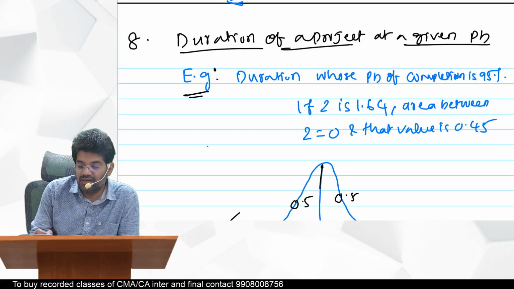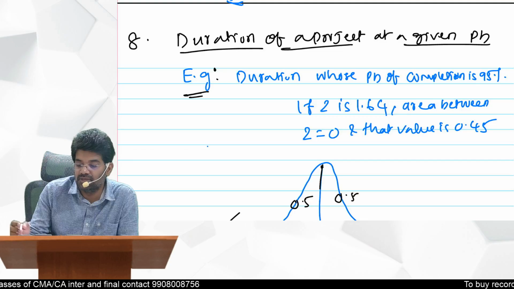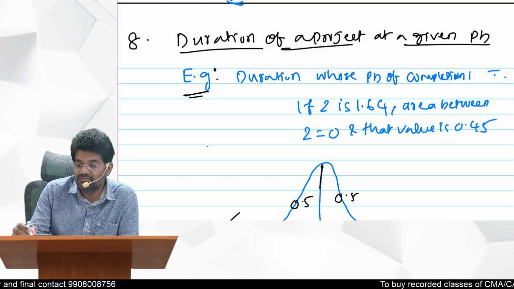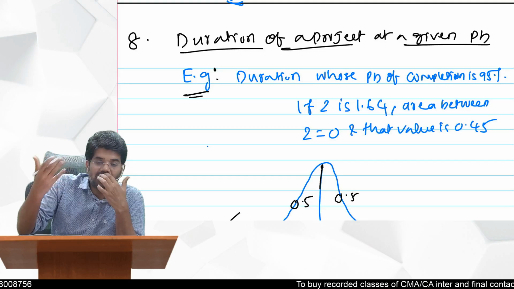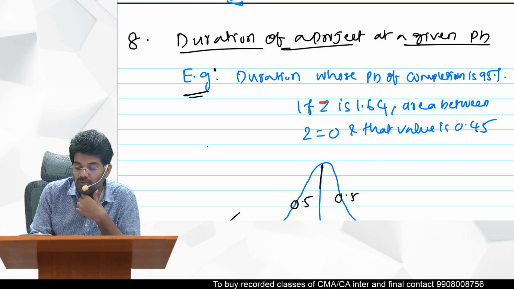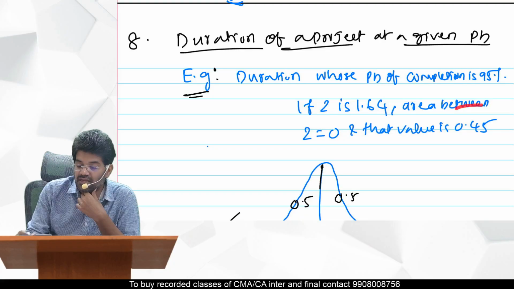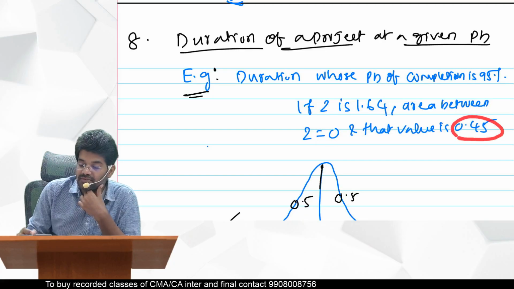See here, for example: the duration whose probability of completion is 95% is given. The project completion probability is 95%. Now, for what project time is it 95% probability, we have to calculate. If Z is equal to 1.64, the area between Z equal to 0 and that value is 0.45.